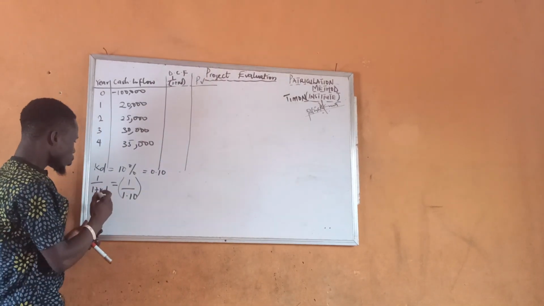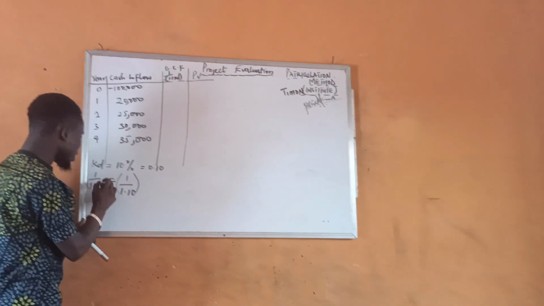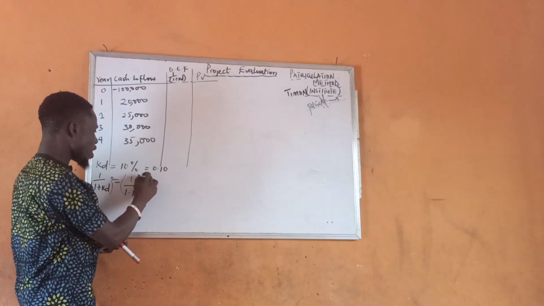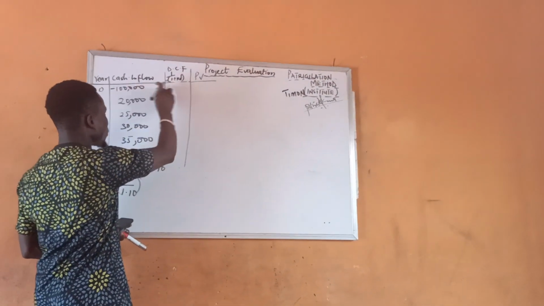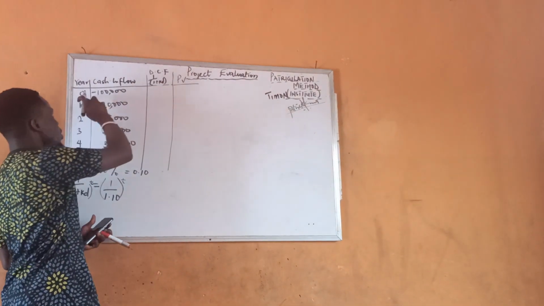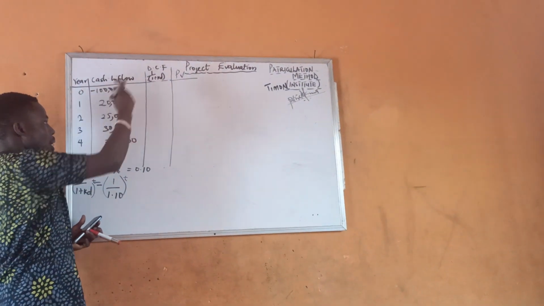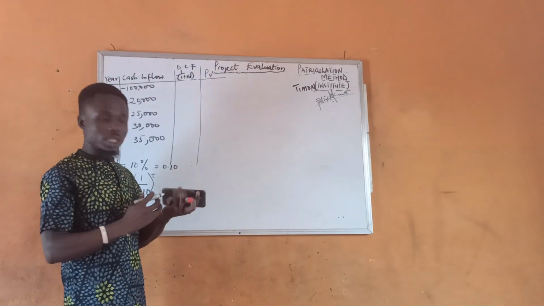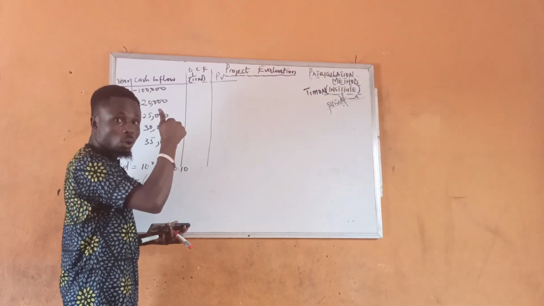Now, mind you, the discounting factor varies based on the years. For instance, for this first one, it will be raised to power 0 based on the year. For the second one, it will be raised to power 1. For the third one, raised to power 2, and so on. So this is how we get our discounting factor.